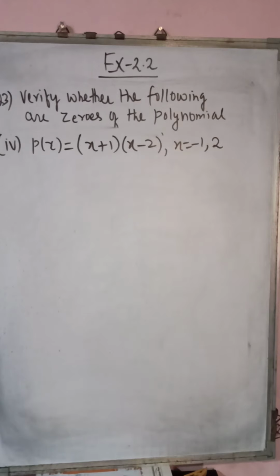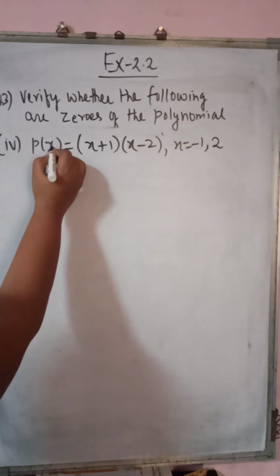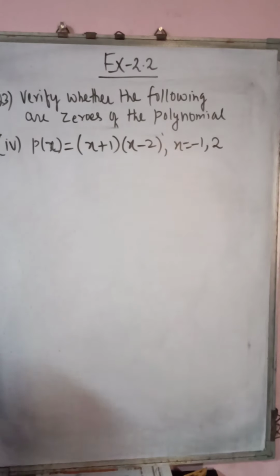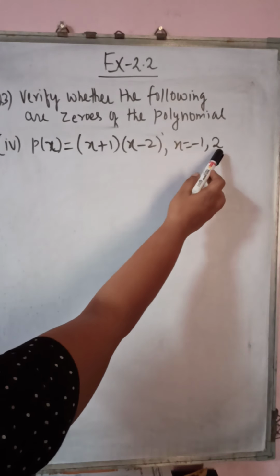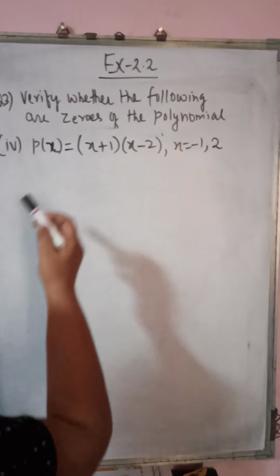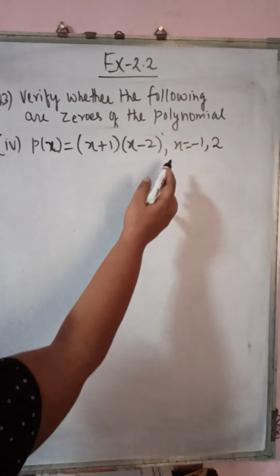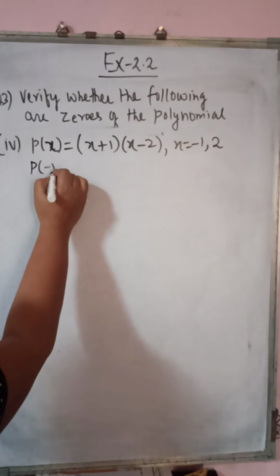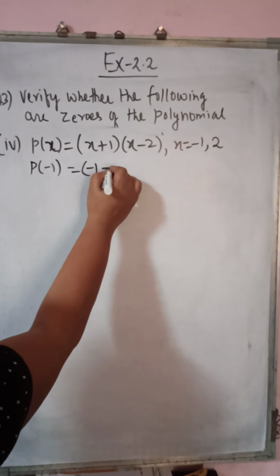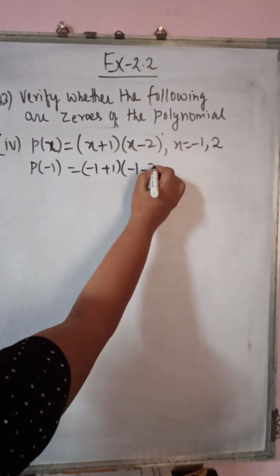Okay, question number 3, fourth part. P of x is given as the polynomial x plus 1 into x minus 2, and we have to find whether x equals minus 1 and x equals plus 2 are the zeros of the given polynomial. So here also, first we will put x equals minus 1 and see what answer we get.